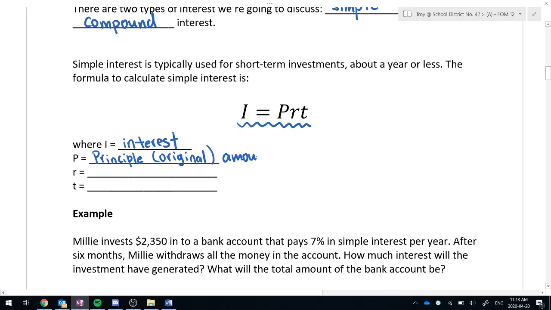So for example, if you put $500 into an account and you get, I don't know, $20 of interest on it, 500 would be your principal amount, the amount that you started with. R is your interest rate as a decimal.